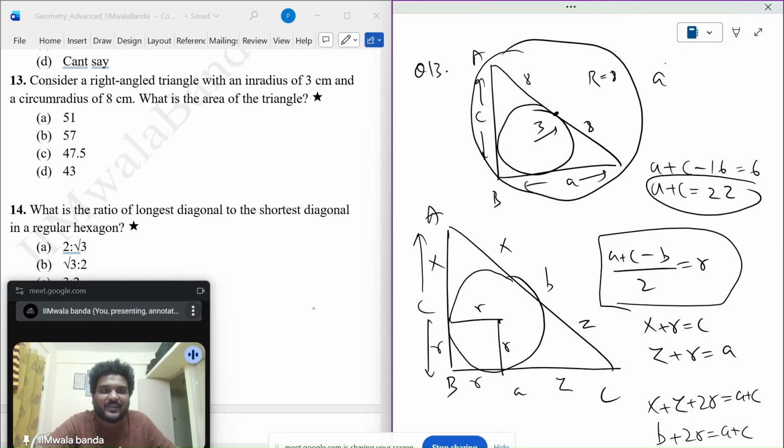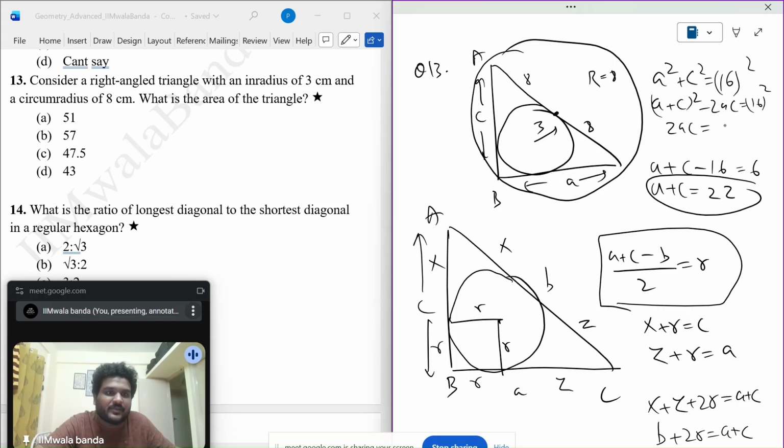Now also because it's a right angle triangle, a square plus b square is equal to 16 whole square, correct? Now what do I need? I need the area of the triangle. So I need a and c. Got it. Can I write a square plus c square as a plus c whole square minus 2ac is equal to 16 square?